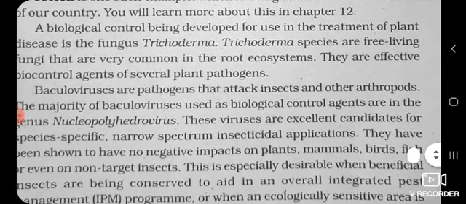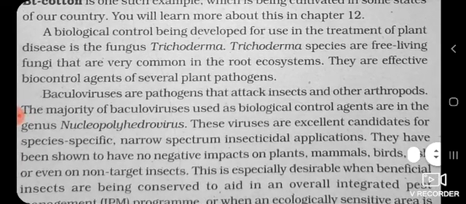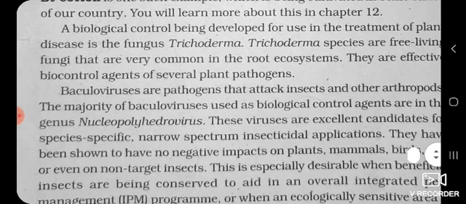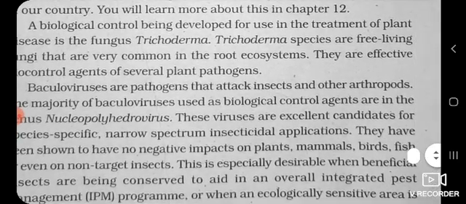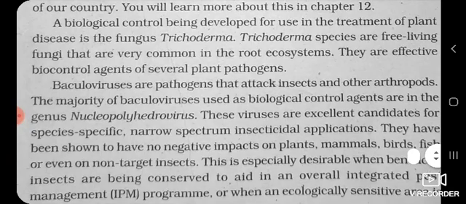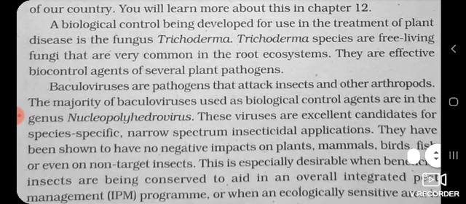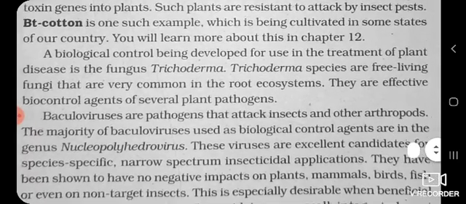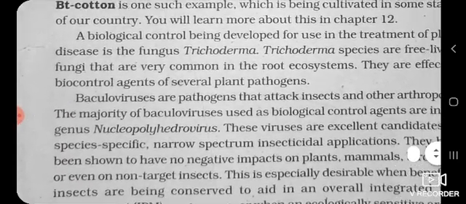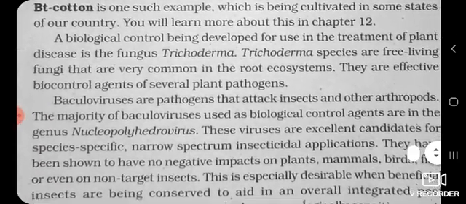A biological control being developed for use in the treatment of plant diseases is the fungus Trichoderma. Trichoderma species are free-living fungi that are very common in the root ecosystem. They are effective biocontrol agents of several plant pathogens.